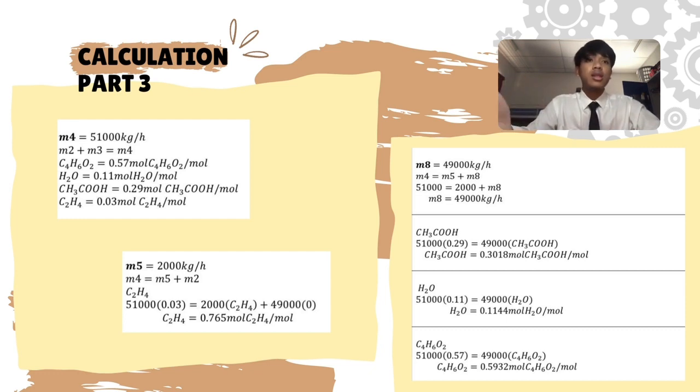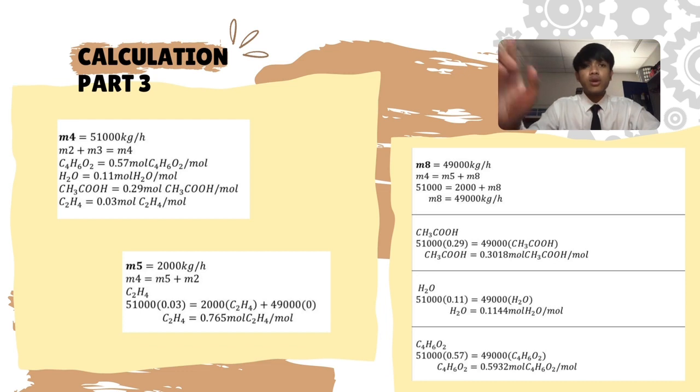So the calculation is 51,000 times 0.03 from M4 equals 2000 times C2H4, the ethylene that we want for M5, plus 49,000 times 0, because in M8 we have no ethylene. So the ethylene fraction that we get at the top stream is 0.765.